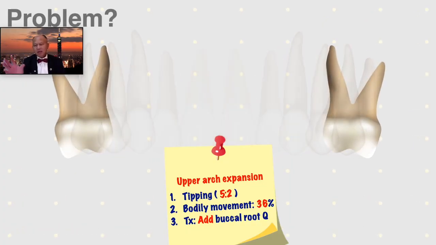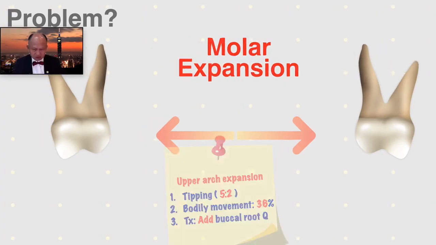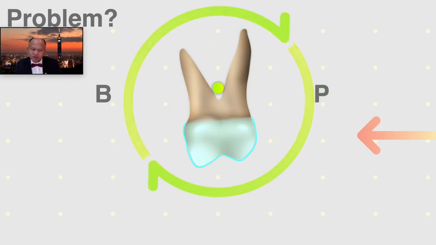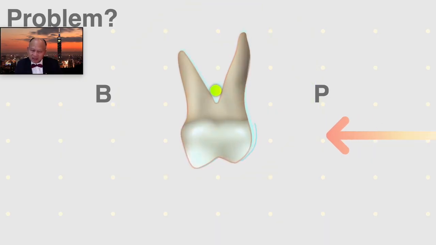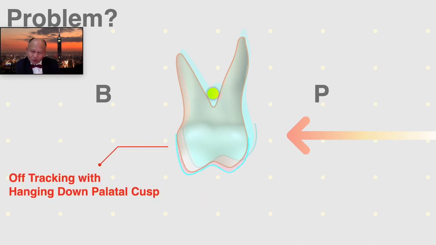So let me blow this up a little bit so you'll be able to understand. When you use aligners to expand the molar, what you normally will see is that the aligner gives a push force to expand the arch from the palatal side. So the result will be tipping, with the palatal cusp hanging down.